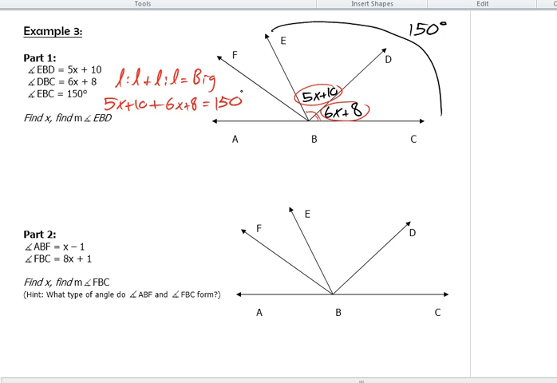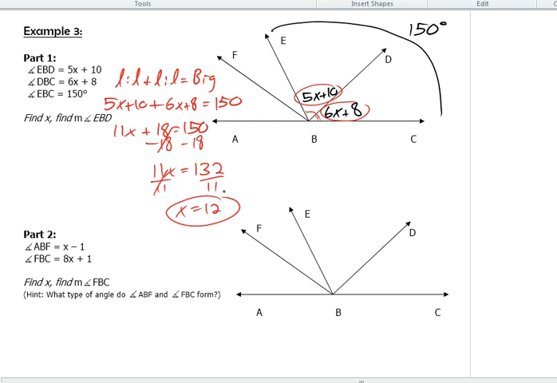Now it's your algebra. Okay, combine like terms and solve for x. So we have 11x equals 132. So divide both sides by 11, x is going to be 12.